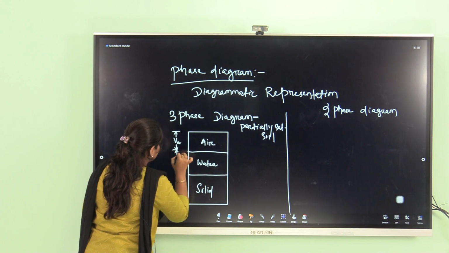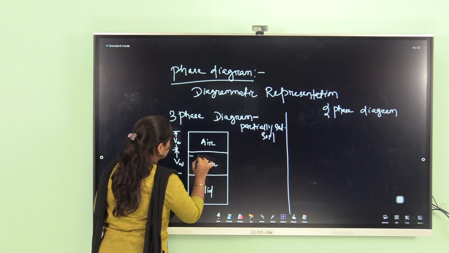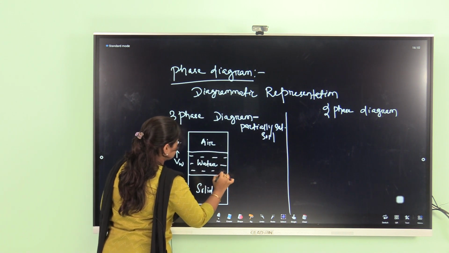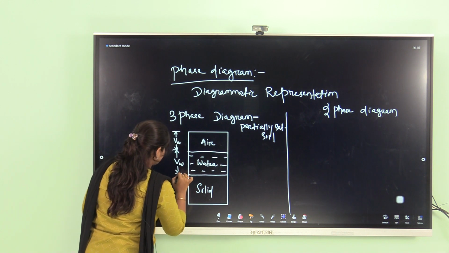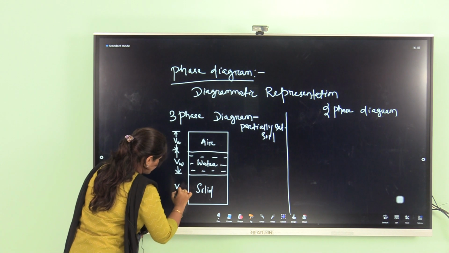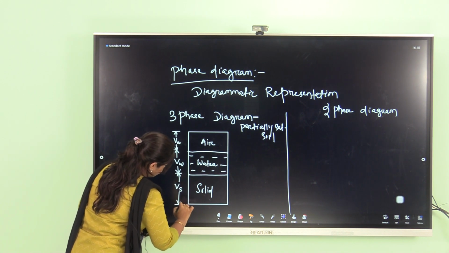The places covered by water, we term as volume of water, the symbol is VW, then VS for volume of solid.